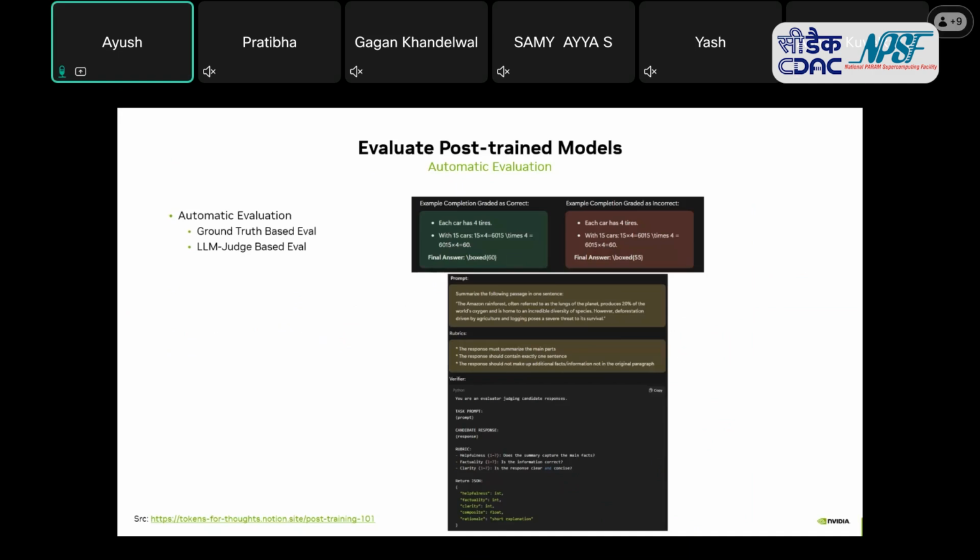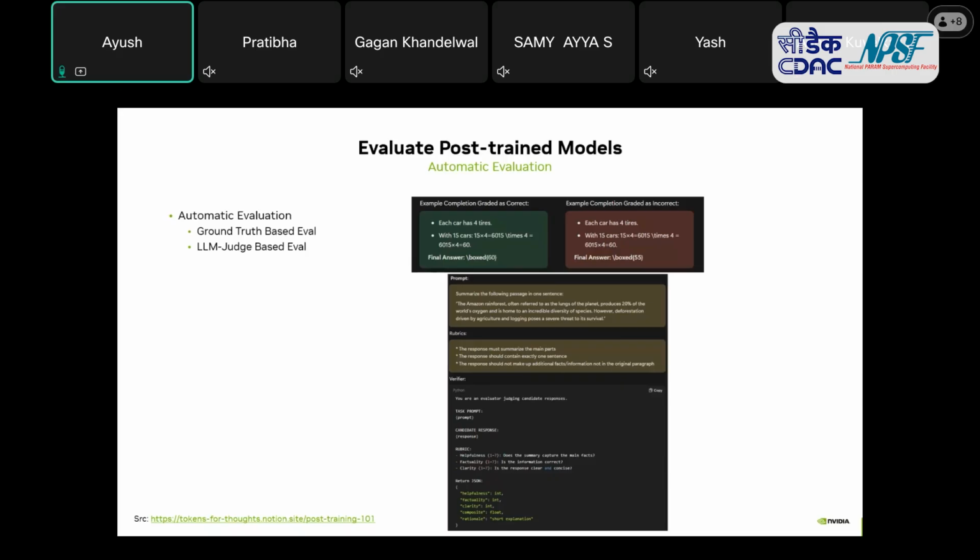Now for automatic evaluation, you use a bigger LLM. Let's say you developed an LLM and now you use ChatGPT or Claude as your LLM judge, which will score how good your model is on certain attributes or give an overall score.